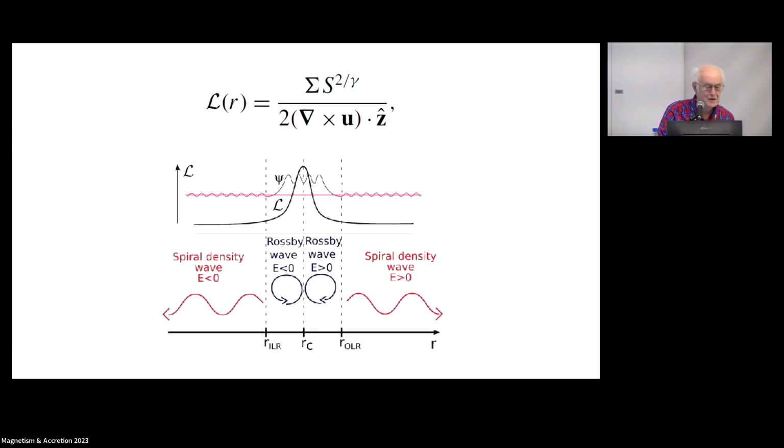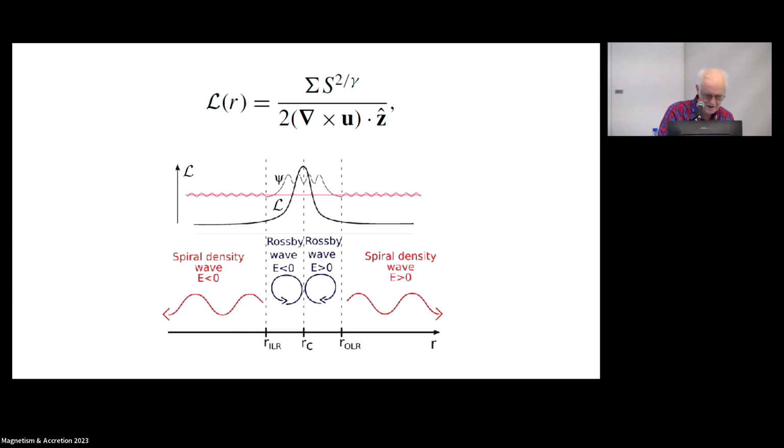And it turns out that the key function here is the inverse vorticity in the flow, curl of u in the denominator, and this is the key function for the waves.